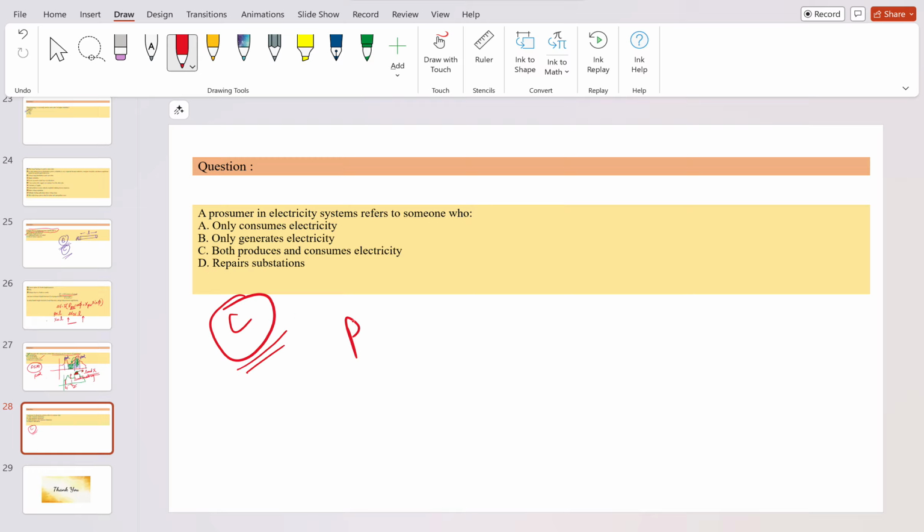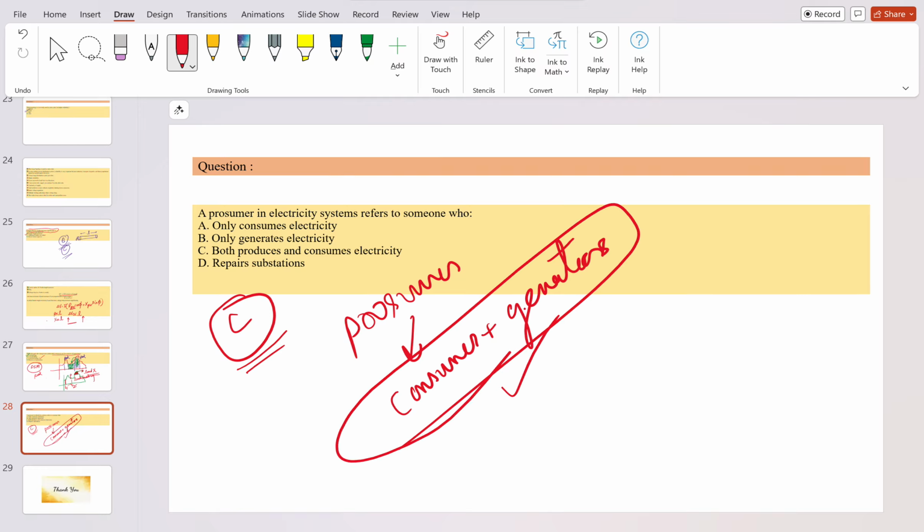These are called prosumers. Prosumers are basically consumers plus generators. The generating system will also be there, so it produces and also consumes.